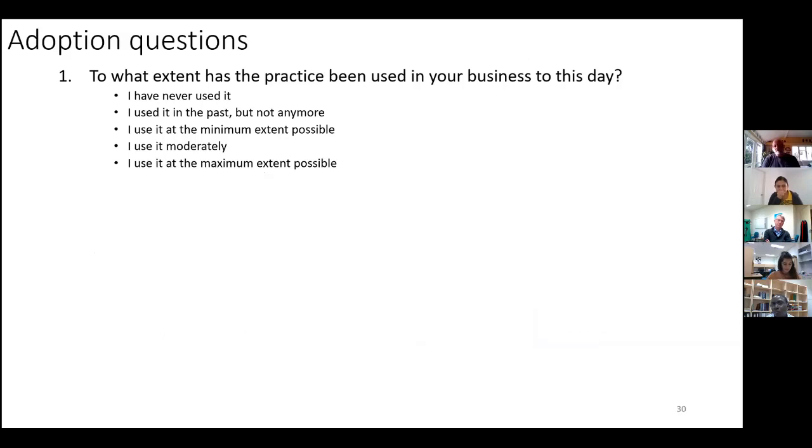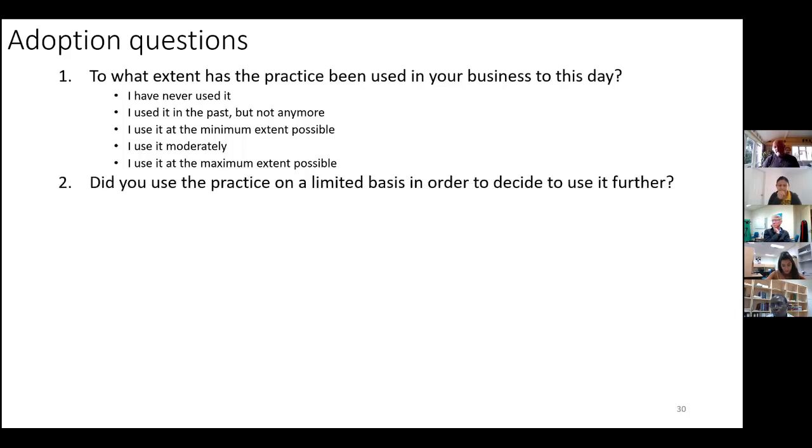So rather than do you use it, yes, no, what we use is 5 categories. So from people who have never used it and used it in the past but not anymore, to 3 different levels of use now. And that is minimum extent, moderately, or maximum extent possible, according to their perception of the level of intensity or extent of use, basically.